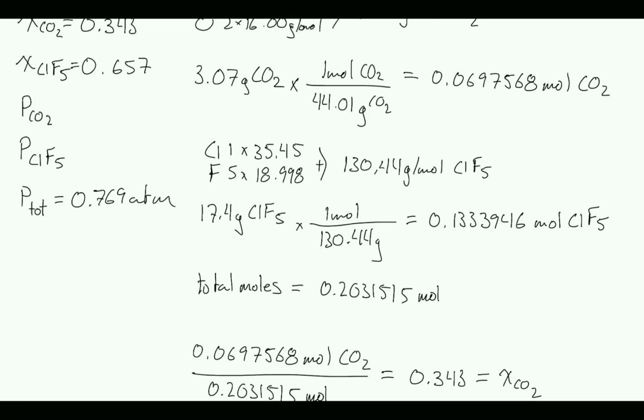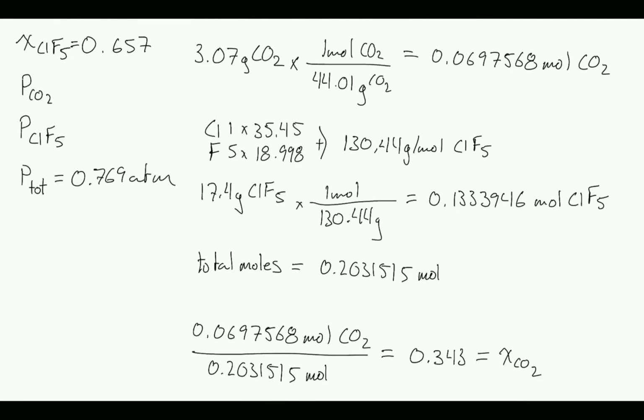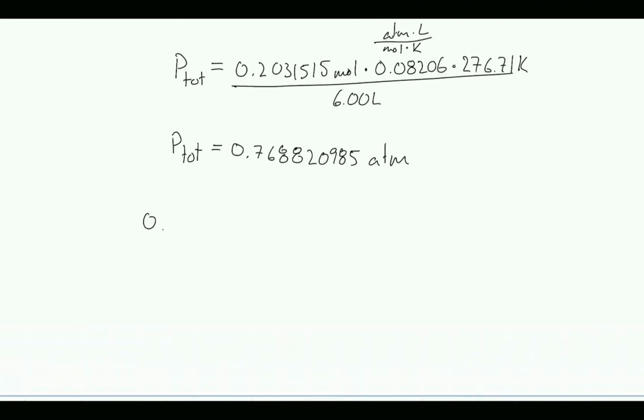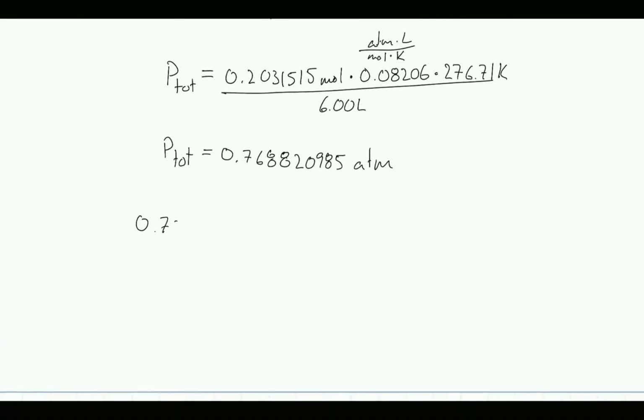So that fraction of total moles is also the fraction of the pressure. So I can take 0.7688. So this is my pressure total. I'm going to multiply it by the mole fraction of CO2 first, and that should give me the pressure of CO2.